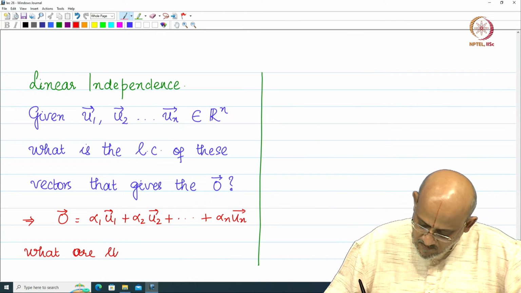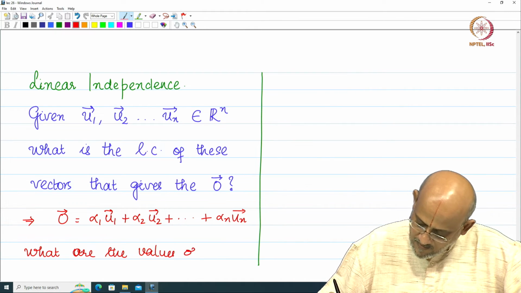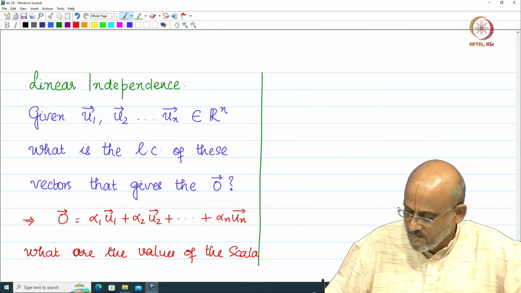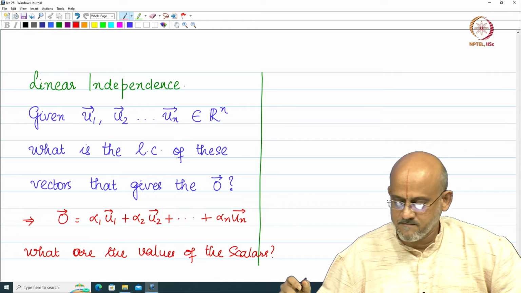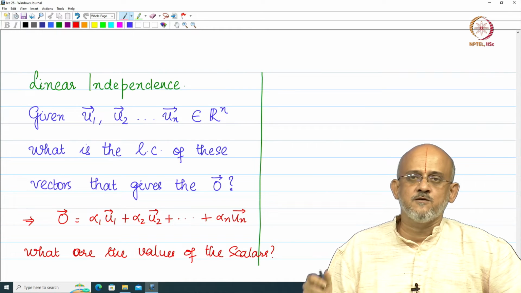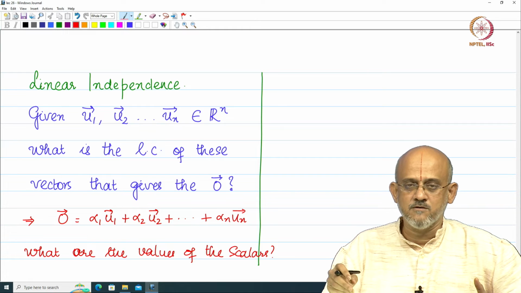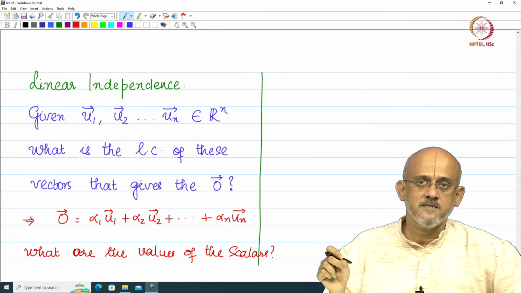What are the values of the scalars? The answer to this is going to tell us whether the given set of vectors, u1, u2, un, are linearly independent or not.